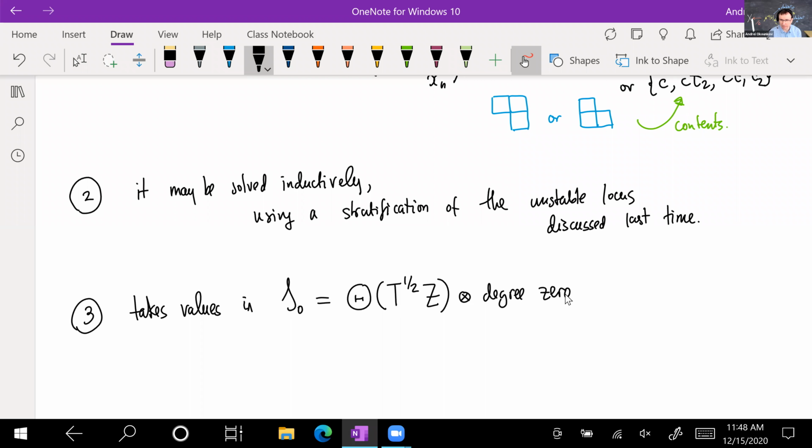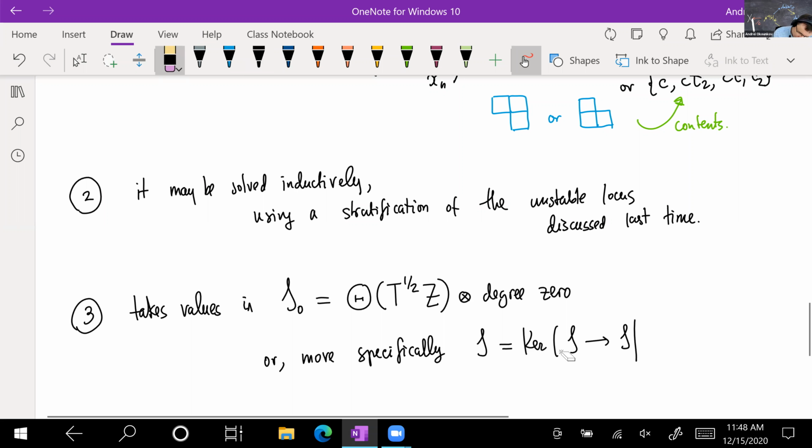So this is the line bundle, and maybe more specifically, you may want to consider a sheaf which already solves the wall condition. It means you take S, which is the kernel, you take S and restrict it to the kernel of restriction to Z minus Y. So in other words, you impose the wall condition.